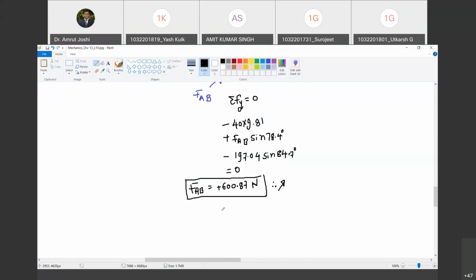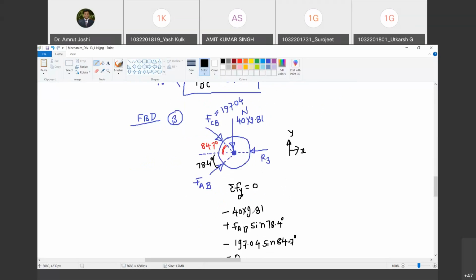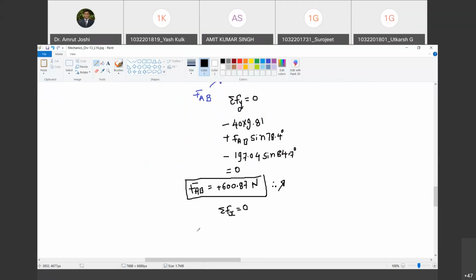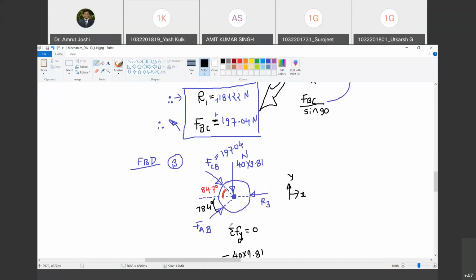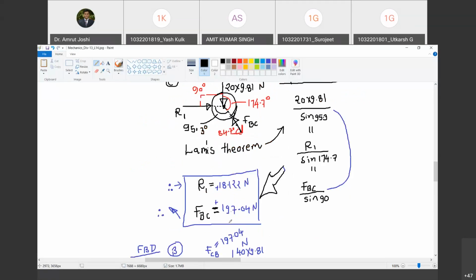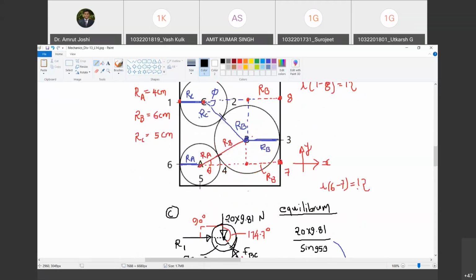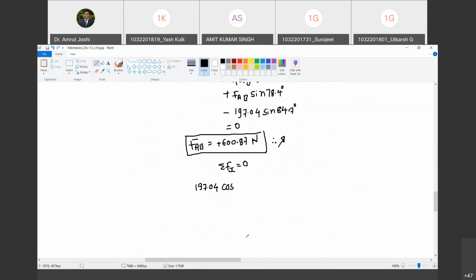Now we will find out R3. So how do we find out R3? Summation Fx equal to 0. Happy? Yes. That gives me 197.04 cos of 84.7. This is plus.